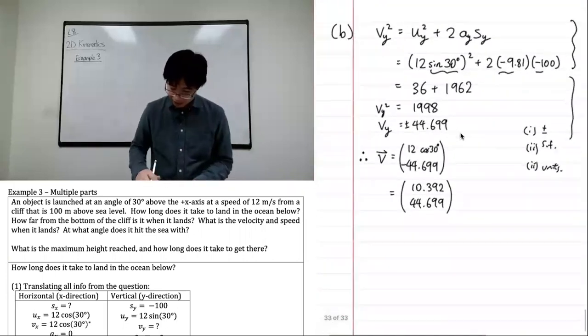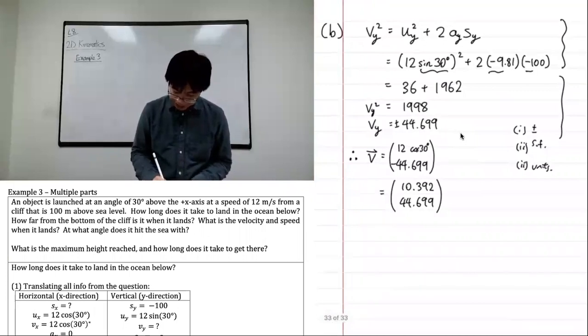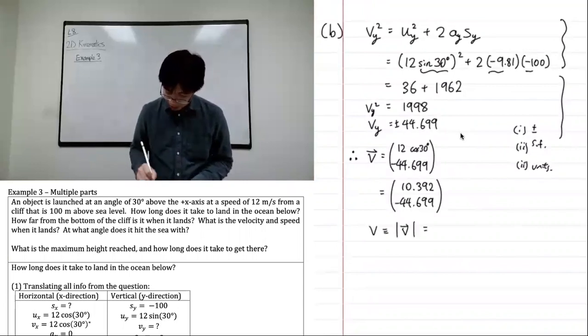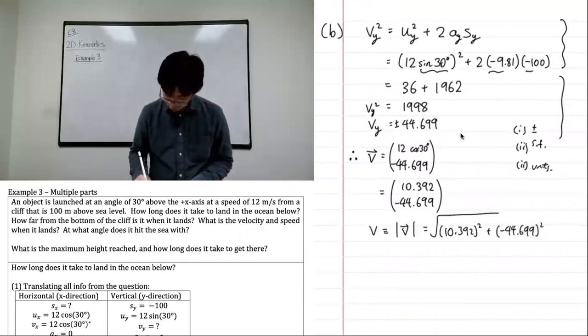All right, so the speed is basically the magnitude of that, right? So I can write that, oops, so minus, and that would be 10.392 squared plus minus 44.699 squared, square root.